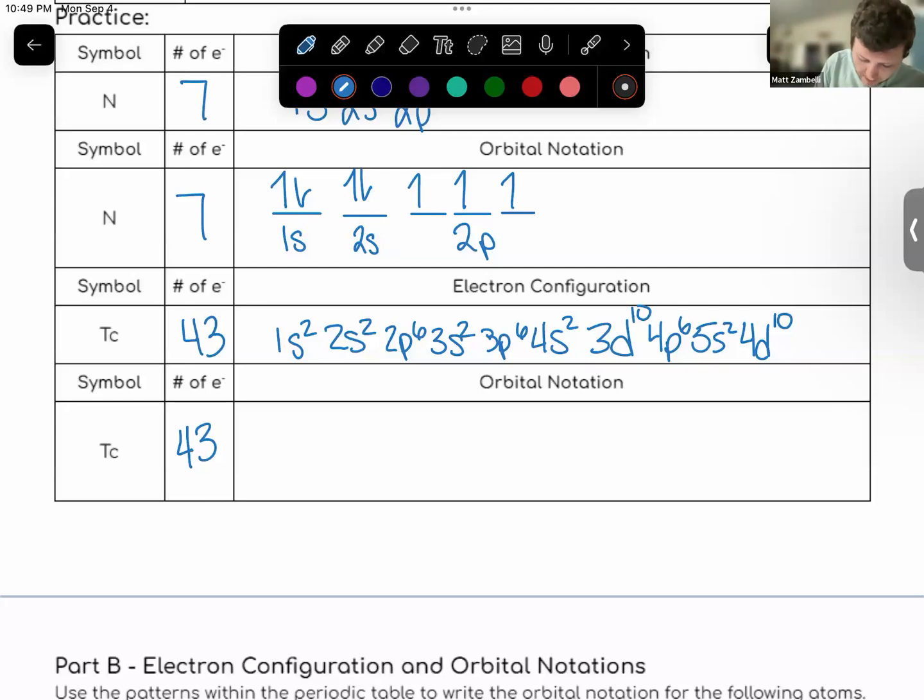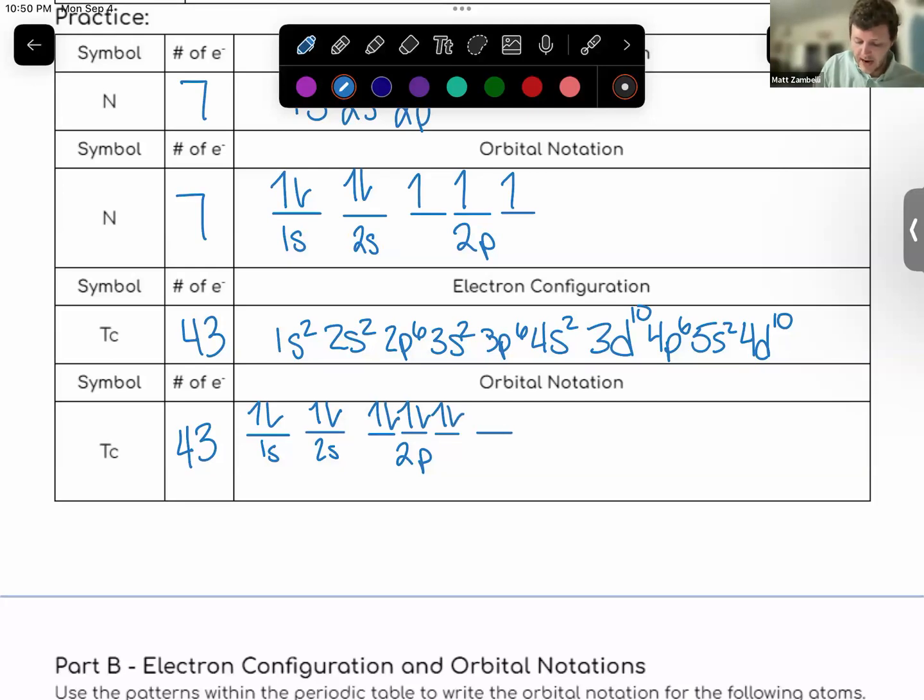So let's get started with our 1s2. We have 2 electrons, one going up, one going down. Then we go 2s2. So 2 electrons, one going up, one going down. 2p6, so 3 lines for 3 orbitals. So 2p, we go 1, 2, 3, 4, 5, 6.